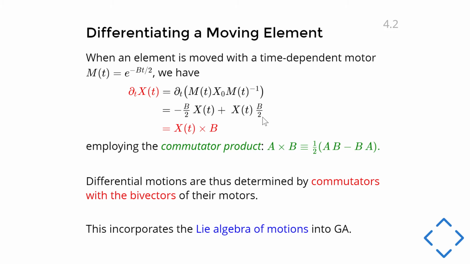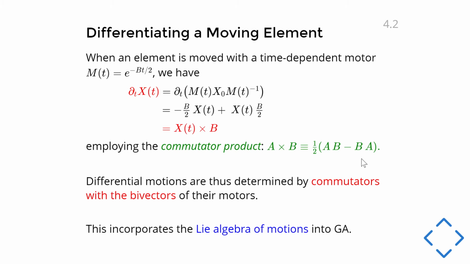And so whatever the motor was, I will always be able to write the time derivative of my x that is moved by a motor as my original x in combination with the bivector of the motor only. And the combination, that is the commutator product, is just an antisymmetric product, a combination of geometric products.